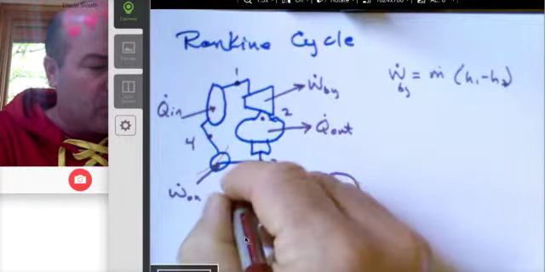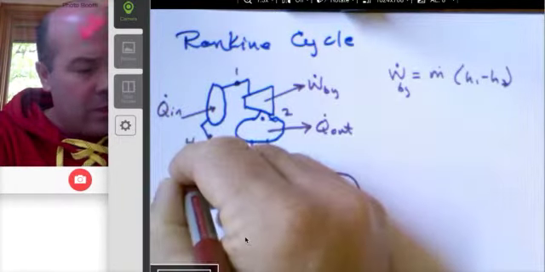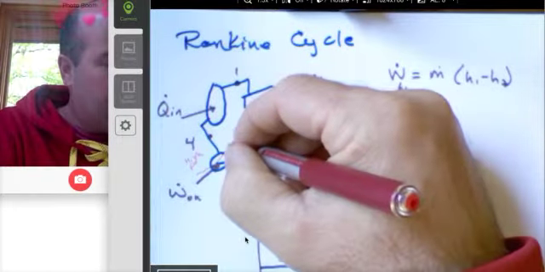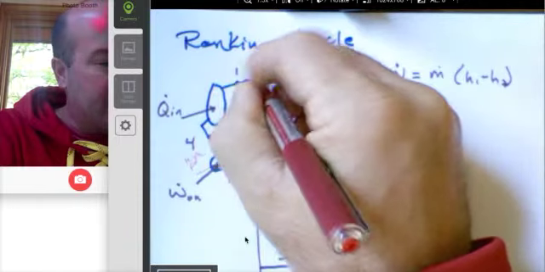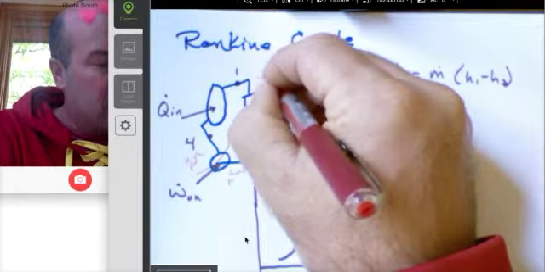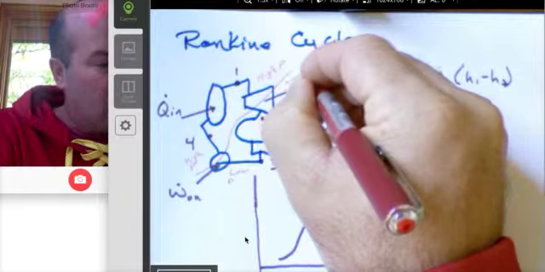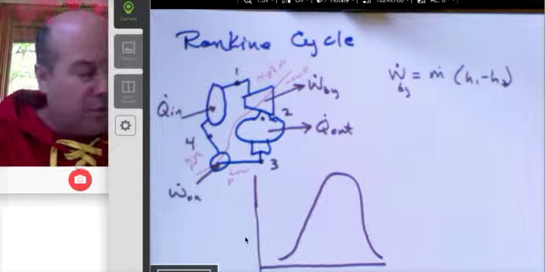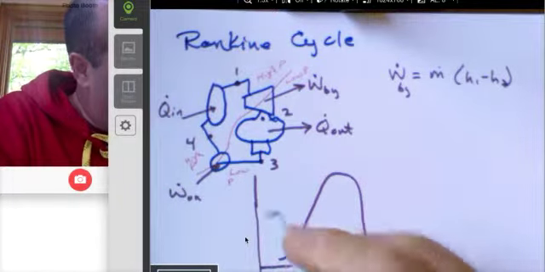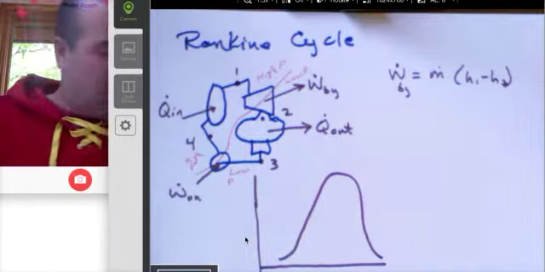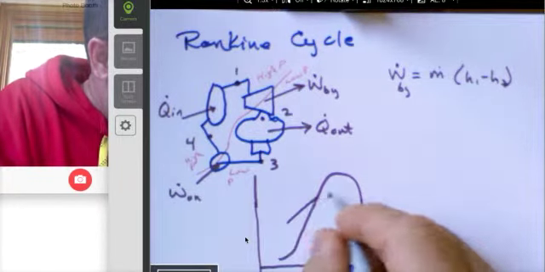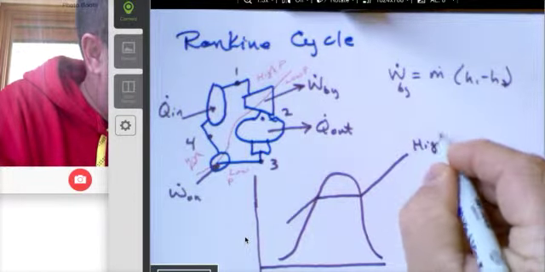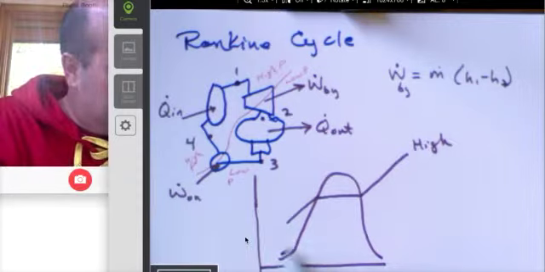As you go through the pump, the pressure goes from low pressure to high pressure. And then as you go through the turbine, it comes back down from high to low. So when modeling this, we only look at those two pressures, the high pressure and the low pressure. On the TS diagram, we're comfortable knowing that the high pressure is above the low pressure.